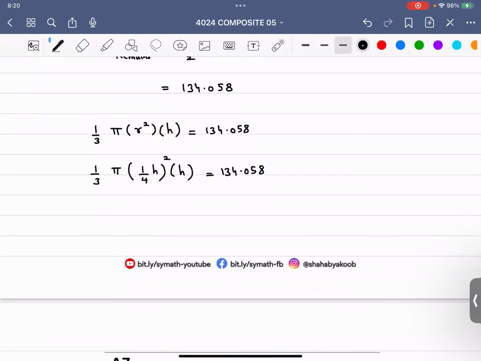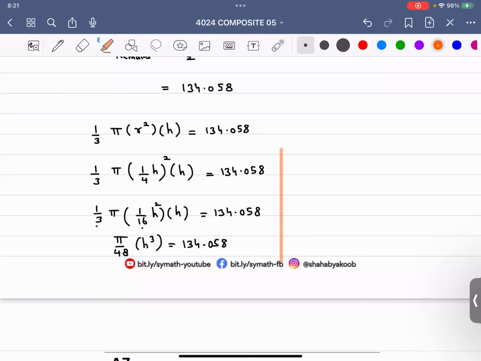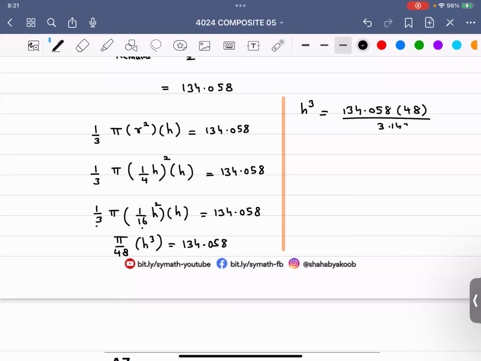So now let me write 1/3 into pi into 1/16 h square into h is 134.058. Now 3 into 16, that's 48. Pi over 48 h cube is 134.058. Now let me draw a thin line over here so I can work out over here. So therefore, h cube is 134.058 into 48 divided by 3.142.